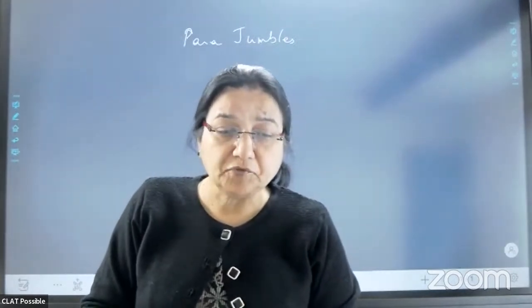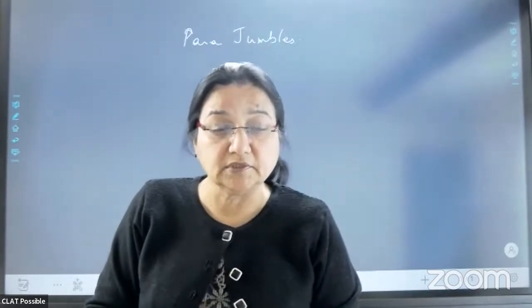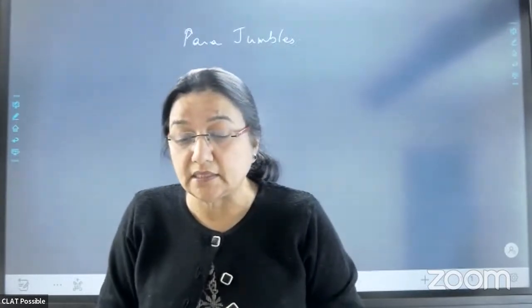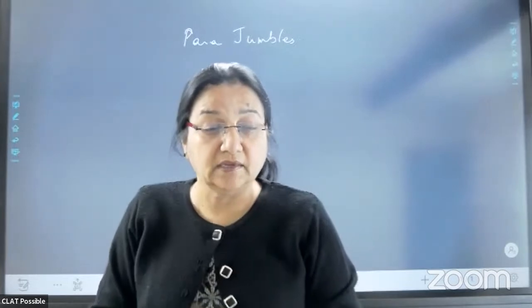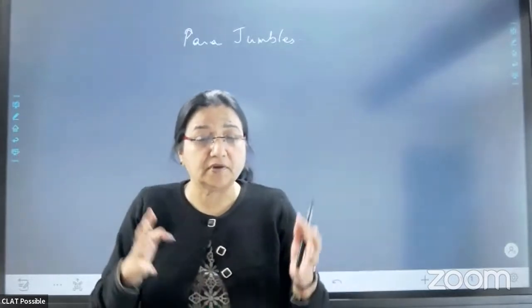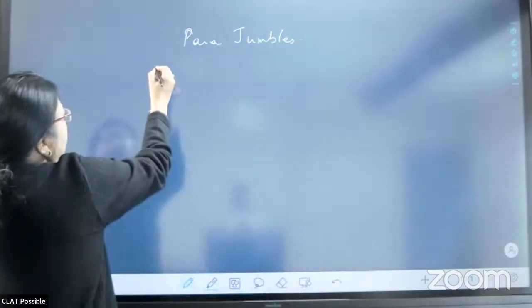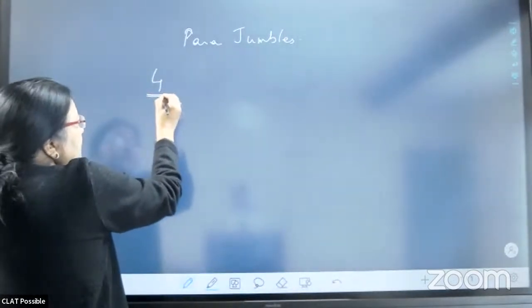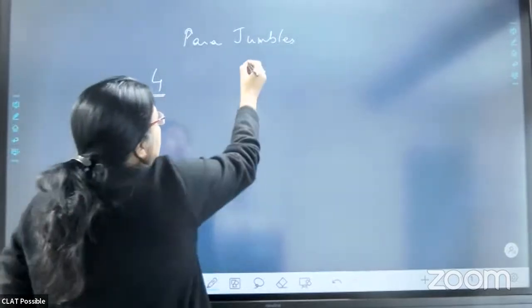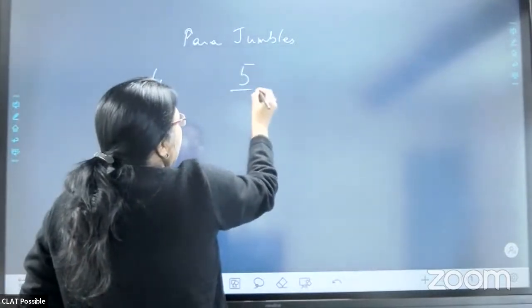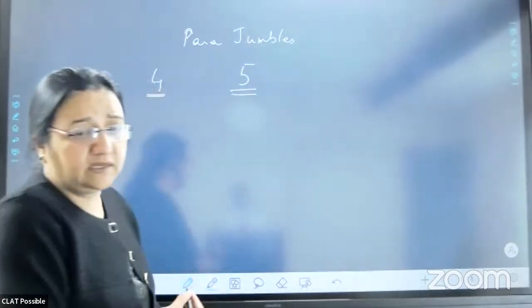Now, what are the different patterns for Parajumbles? The different patterns that one can see is we can easily have three different types of questions on Parajumbles. One, you can have 4 lines that are given jumbled. Now, this is very easy with option choices, obviously. Then you have a 5 lines given, and these 5 lines are jumbled.